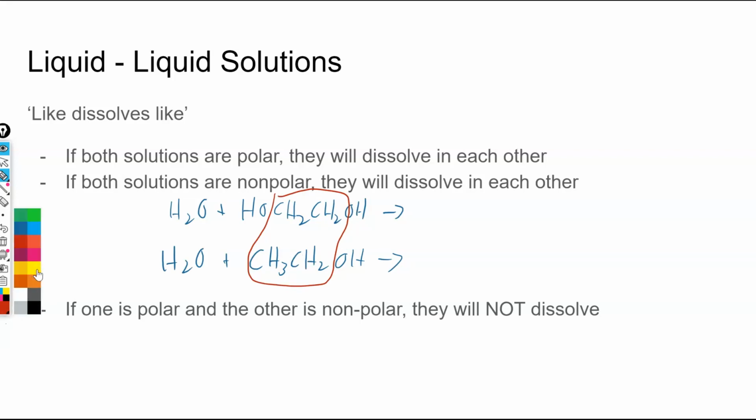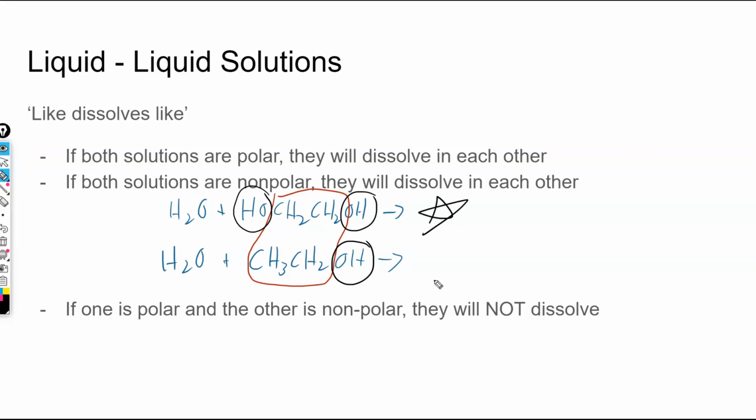But this one has 1 polar region, while this one has 2 polar regions, which means it has more chances to mix with water. So this one will be more soluble with water compared to the second one because it has more spots to actually combine with it.